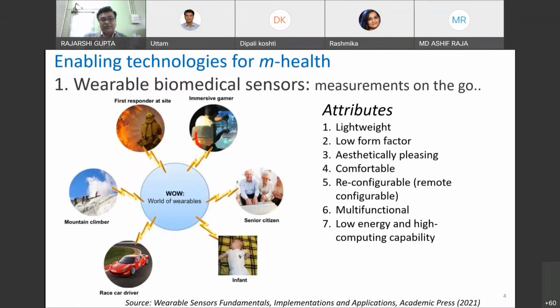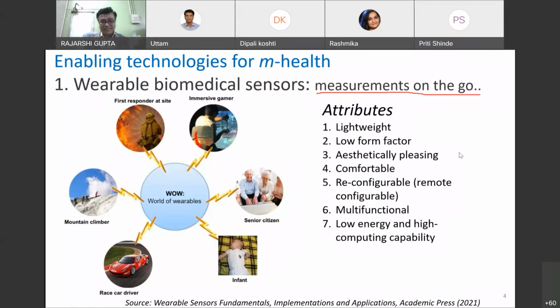Now I will be discussing two technologies. One is for mHealth, and the most important part is wearable biomedical sensors. It basically means measurements on the go, that is, a person who is moving or doing some activities.